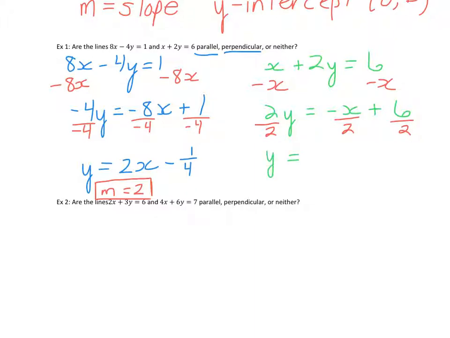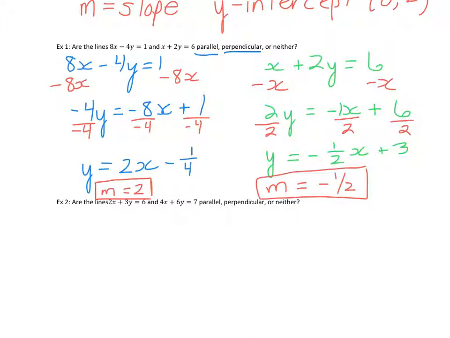So negative x over 2, that's like our invisible coefficient is 1. It's negative 1/2 x. So negative x over 2, we can bring out that negative 1/2. Then we have our plus 3. So what's our slope in this case? Negative 1/2.